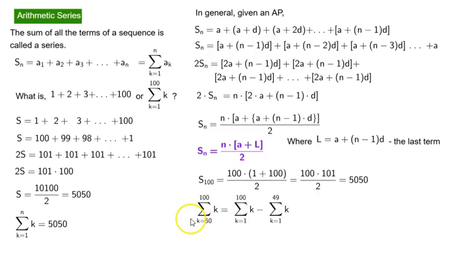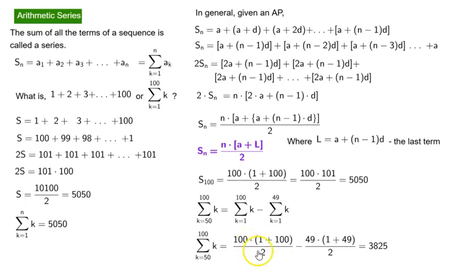So summation of k from k is equal to 50 to 100 of k. Now here what we can do is take the sum of 1 to 100, and from that we subtract the sum of numbers from 1 to 49. The remaining would be what we require. So let's do that. Using the formula, we arrive at 100 times 1 plus 100 by 2 minus 49 times 1 plus 49 by 2, which gives us 3825.